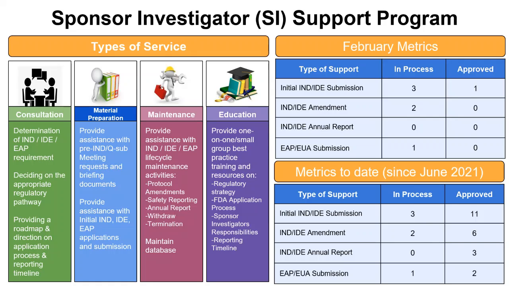In February, last month, our office assisted with submission of three INDs, of which 1 IND was approved and 2 are in process right now. We also assisted with a couple of amendments, and the metrics to date are here, since June 2021. That's when we formalized the program, and then we started maintaining the database, for your reference.